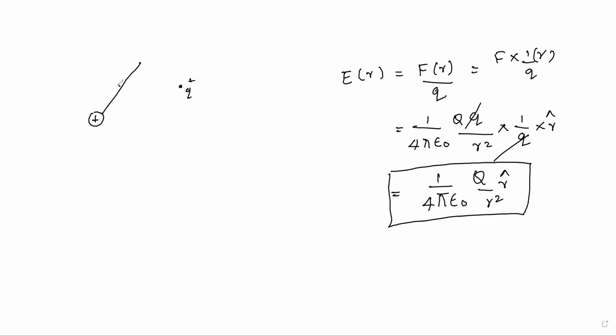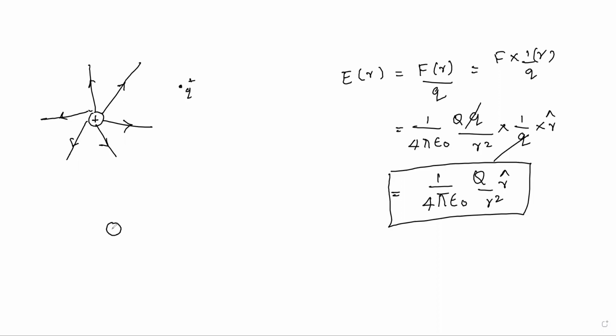The force is in the outward direction. So if the source charge is positive, there is a repulsive force and the direction will be radially outwards, because they are repelling.